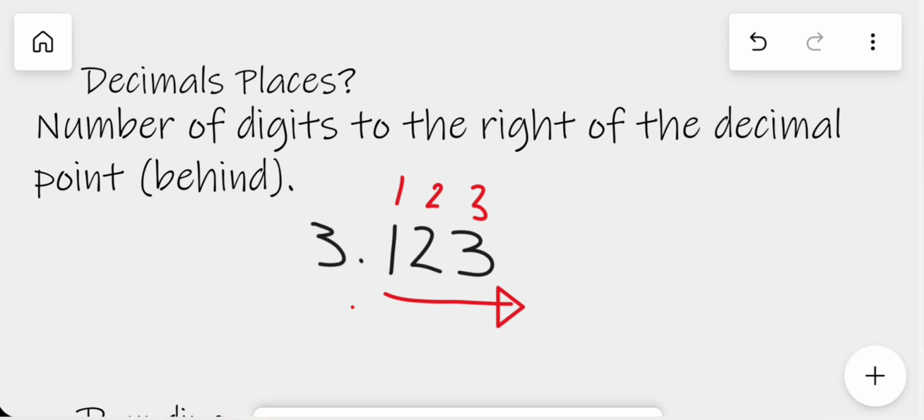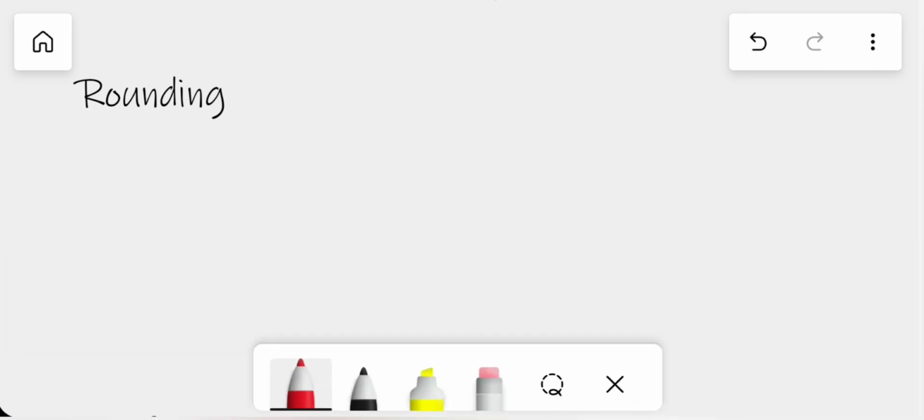Now, next thing that we're going to look at is the rounding. When we're talking about rounding, there are 2 things that you have to be aware of. First thing, what you're rounding to, and the indicator. So let me give you an example of what I mean. So for example, let's say I gave you the number 4.3456, and I told you that I want you to round it to 2 decimal places.